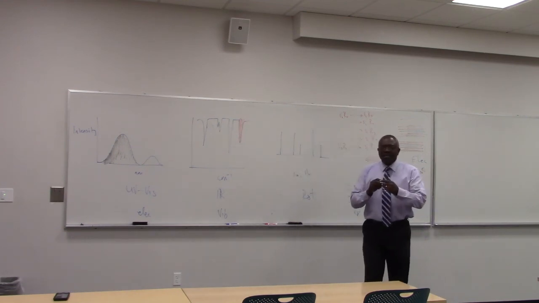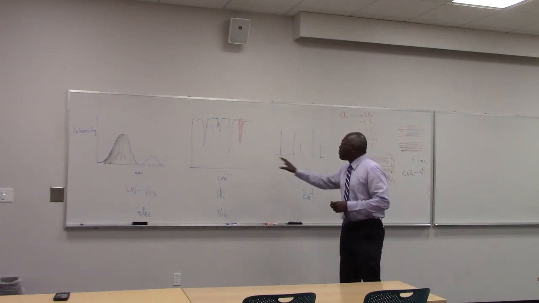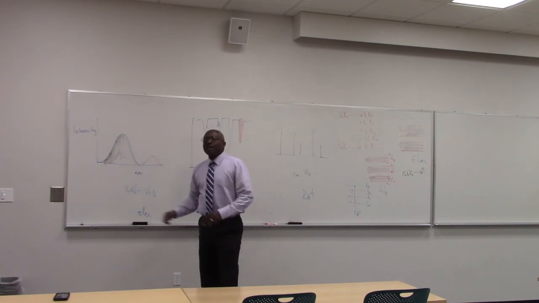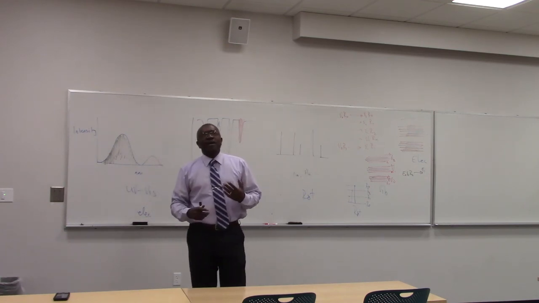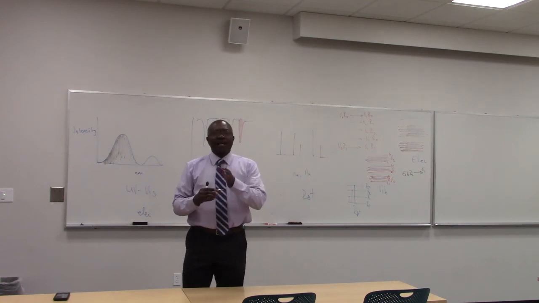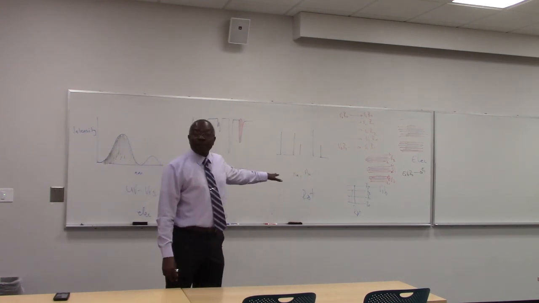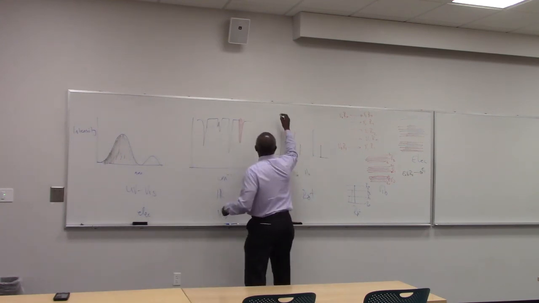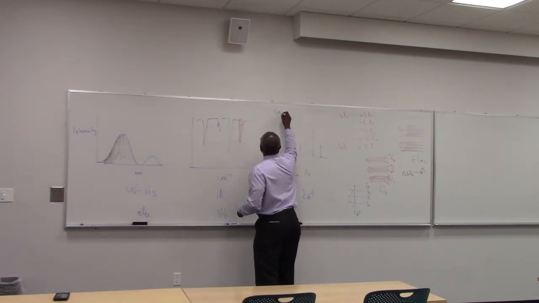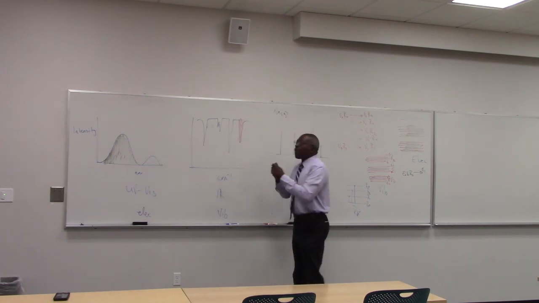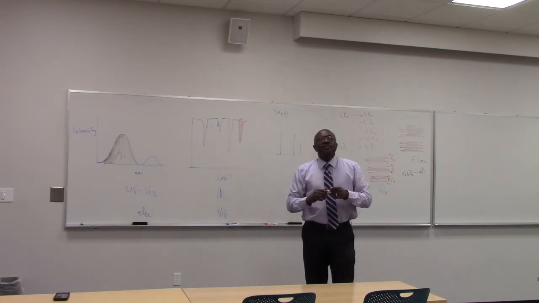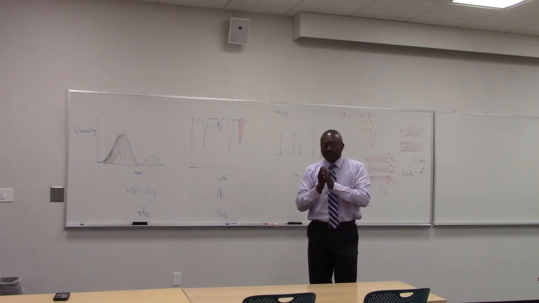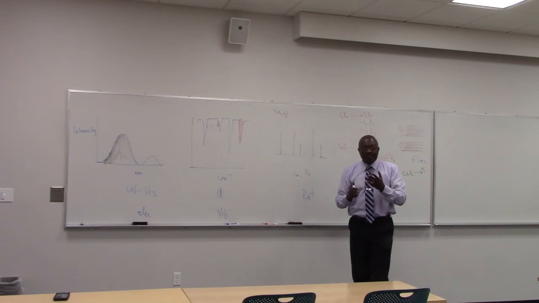So how is it that the electronic spectra for molecules give me broad bands, but the electronic spectra for atoms give me sharp lines that resemble the spectra for rotation? And the answer is, if I look at an atom, like say sodium, what types of motion, what modes of motion are available to an atom?